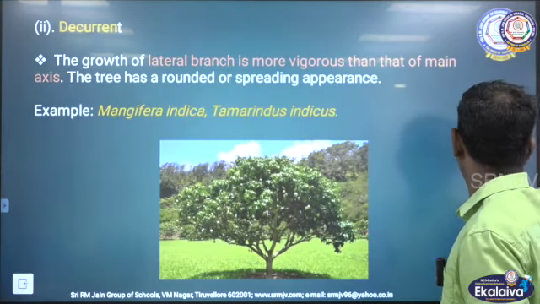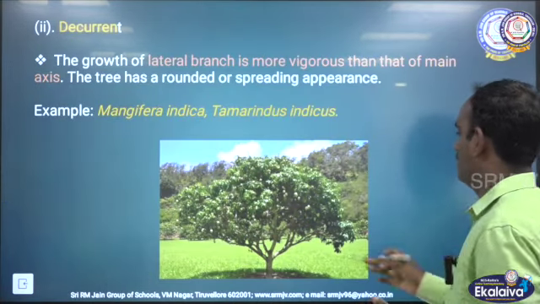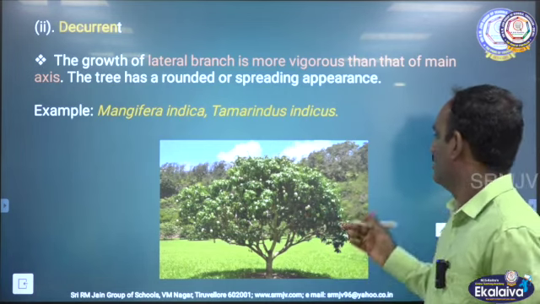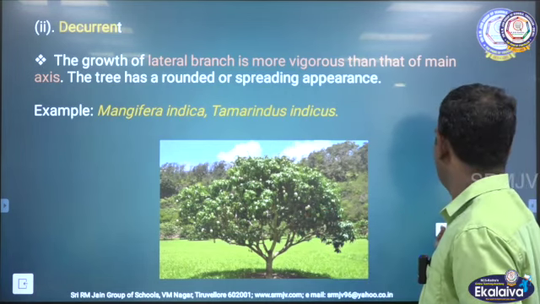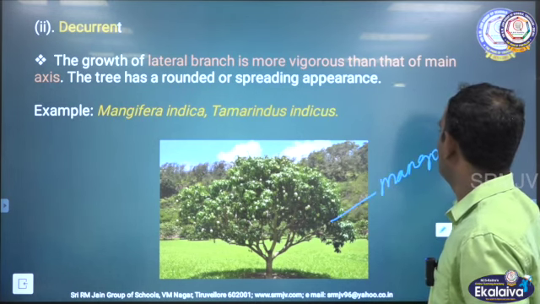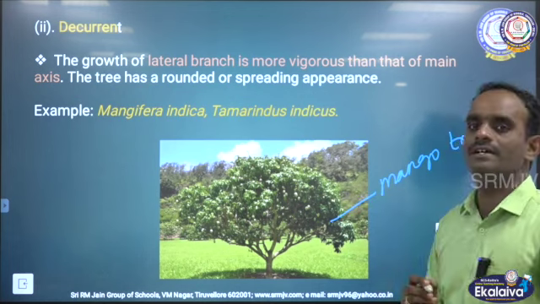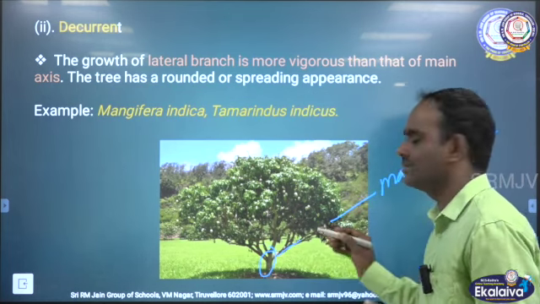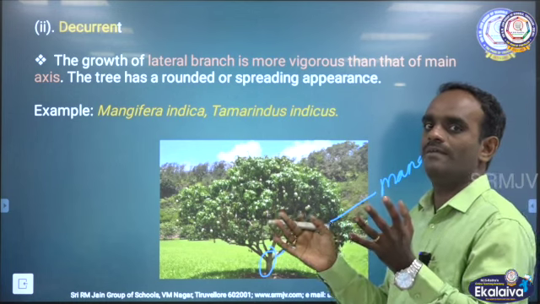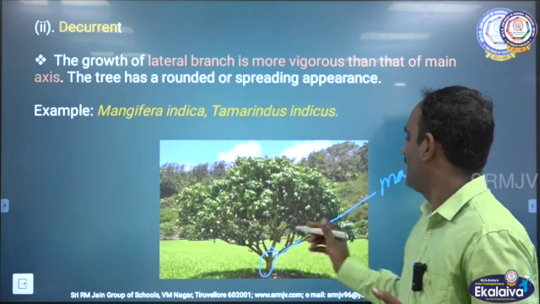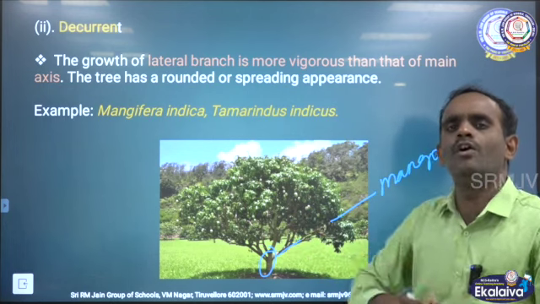Second one is decurrent. It is a very familiar tree. You all know very well what type of tree it is. It is the mango tree. See the picture here. There is a main stem and the lateral branches also grow. The growth of the lateral branches is more vigorous.